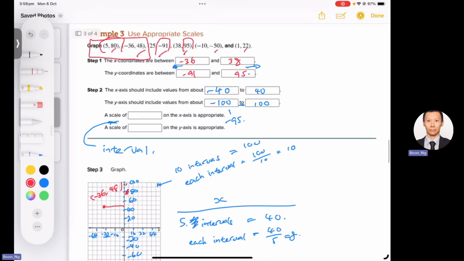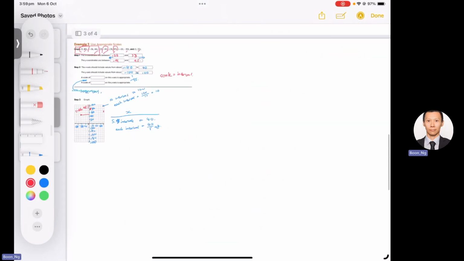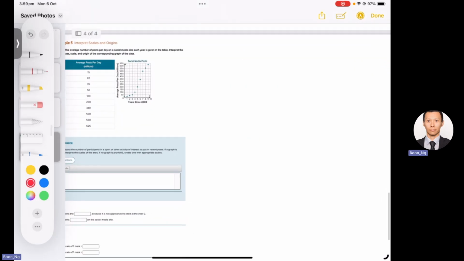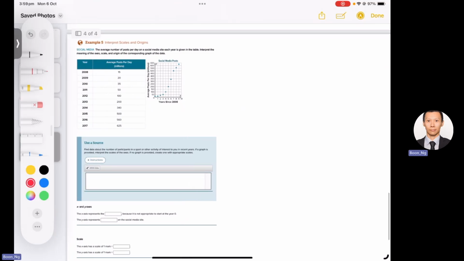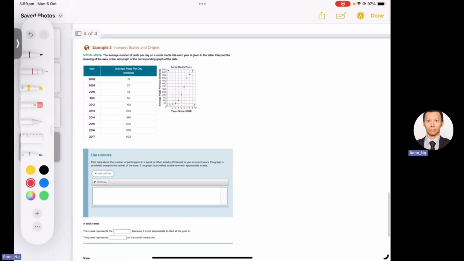All right. So scale essentially means interval. Okay, it means the distance for one segment. So for example 5, we can just do it quickly.